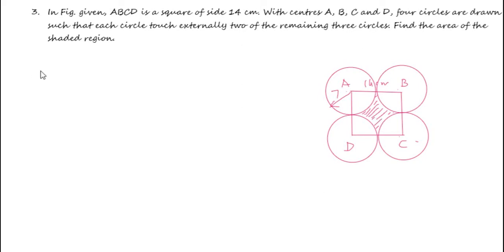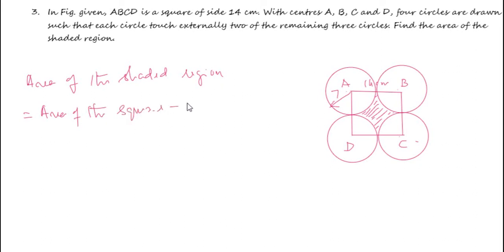Area of the shaded region equal to area of this square minus 4 into area of this quadrant with 90 degrees.